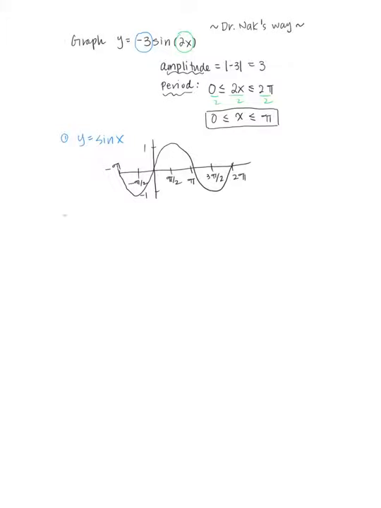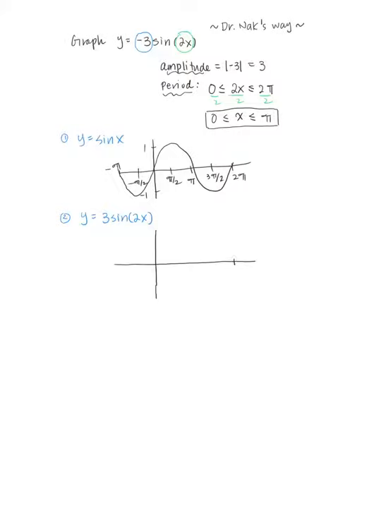So what's going to happen is this now. So let's first graph out y equals positive 3 sine of 2x. Okay, so if I do that, using the information that we obtained from above, which is the amplitude and the period, instead of starting from 0 to 2 pi, you're going to go from 0 to pi instead.